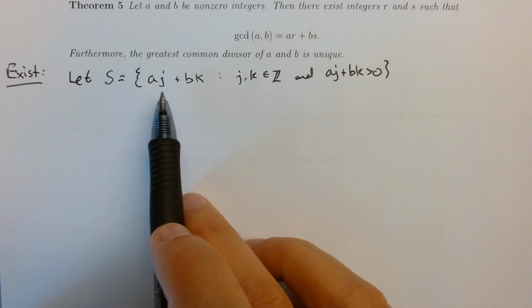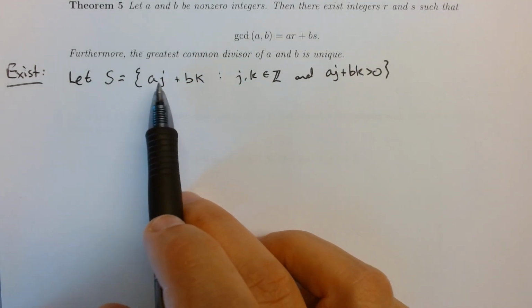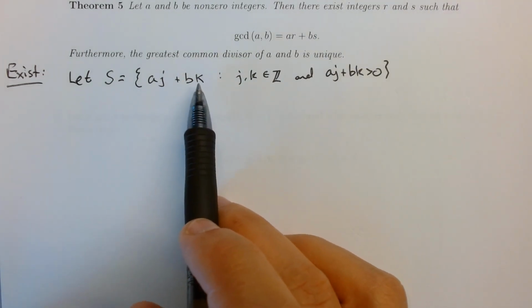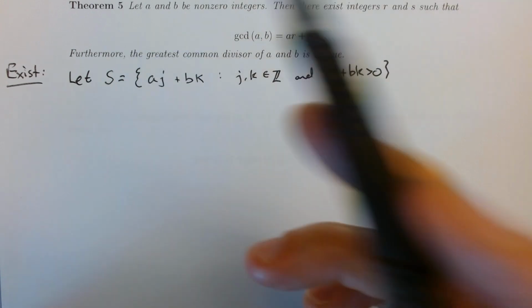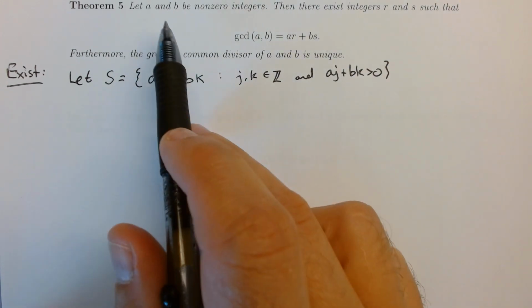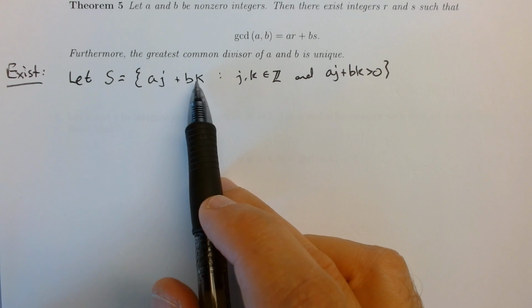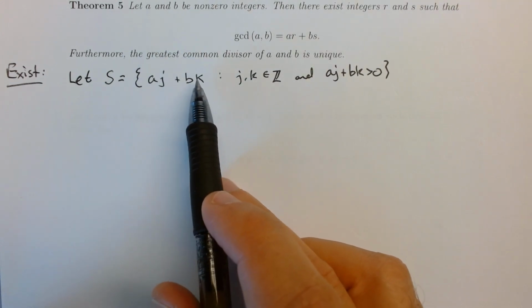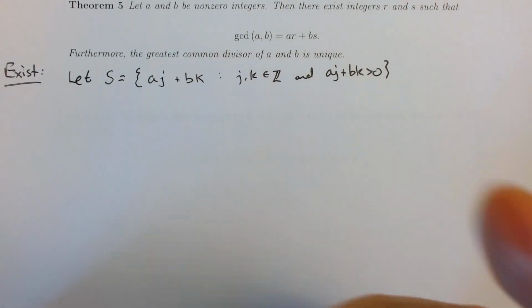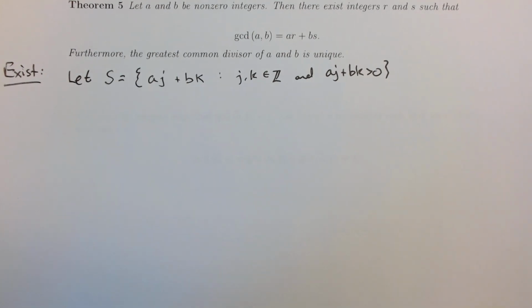They are non-zero integers, so you could pick one of these to be 0 and the other to be either 1 or negative 1, depending on what makes it positive. So if b was a positive number, pick k to be 1, but if b is a negative number, pick k to be negative 1, and the other one to be 0. You're certainly getting numbers in this. So a and b belong to this set, or minus a, minus b, depending. So it's certainly not empty.